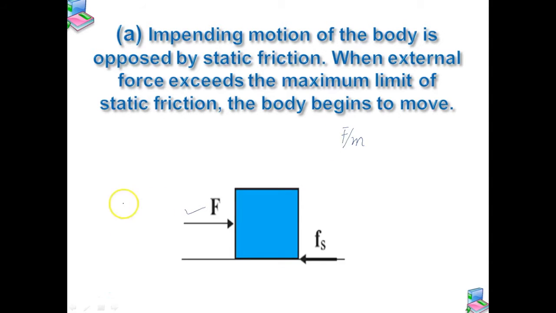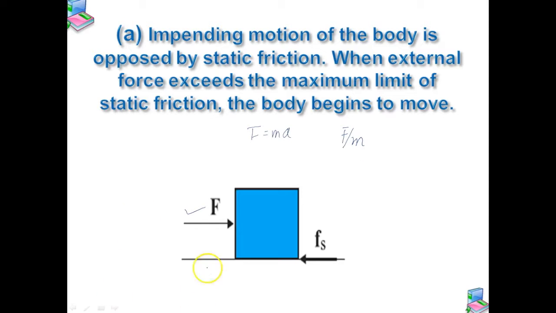If the force F that we are applying is the only external force, then it should move the body with an acceleration of F by m, because F is equal to ma. We know that, isn't it? However small, clearly the body remains at rest because some other force comes into play in the horizontal direction and opposes the applied force F, resulting in zero net force on the body.